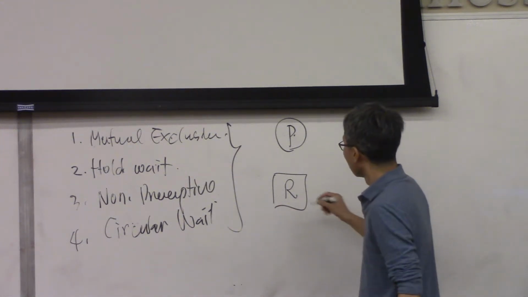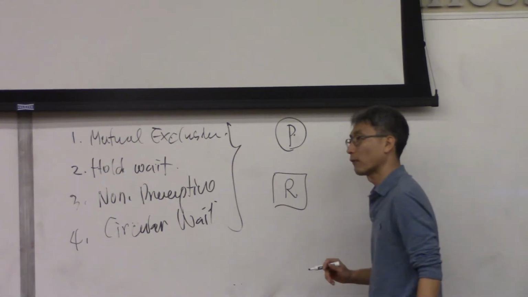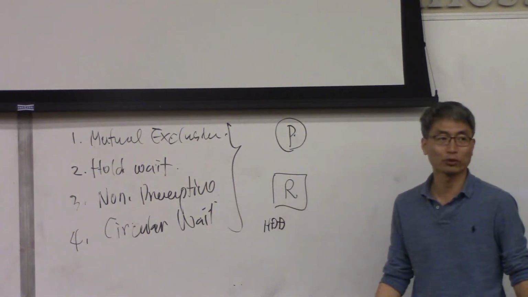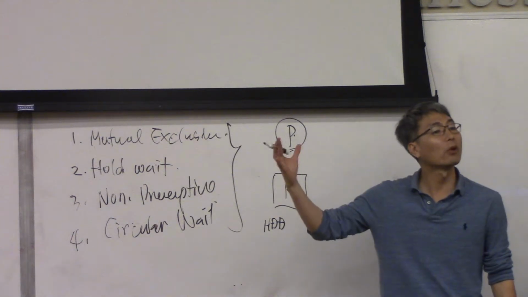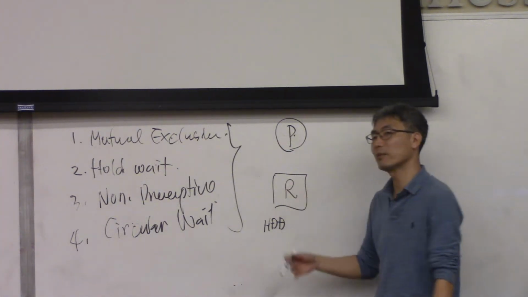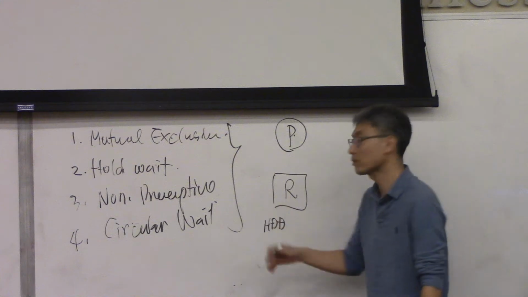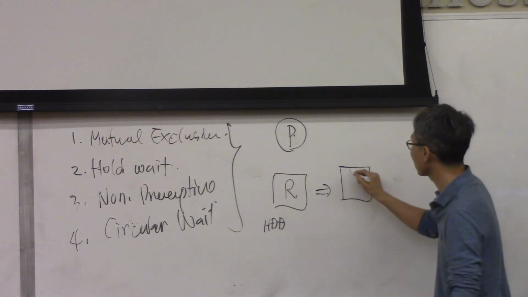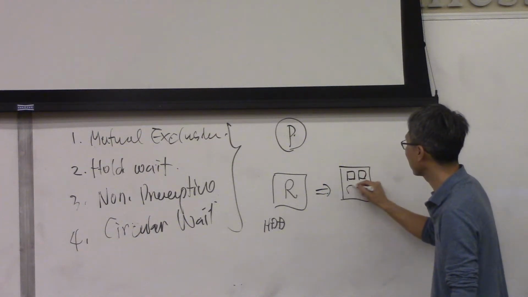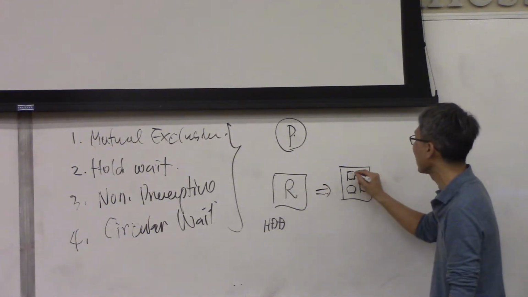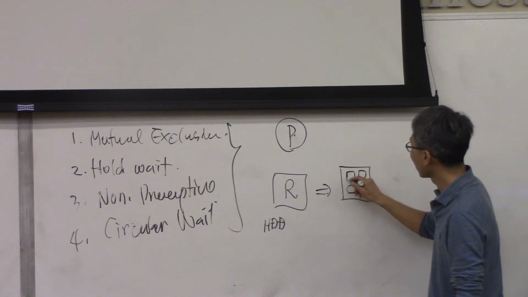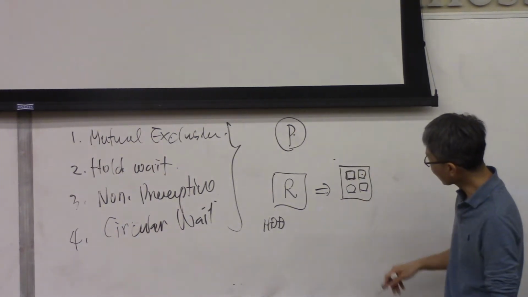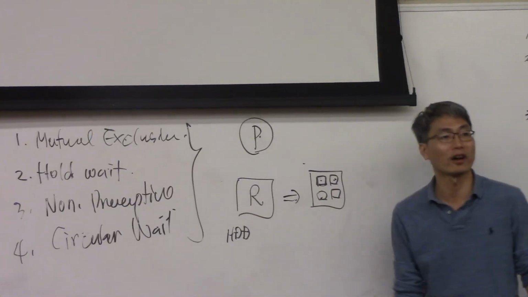In the case of a resource, for example, a hard disk drive, how many hard disk drives can you have? 2, 3, 4. How many CPUs can I have? Multiple CPUs. So we generalize to the multiple-instance case. For example, if you have four instances of R, each is an instance, like 1, 2, 3, 4 hard disk drives.